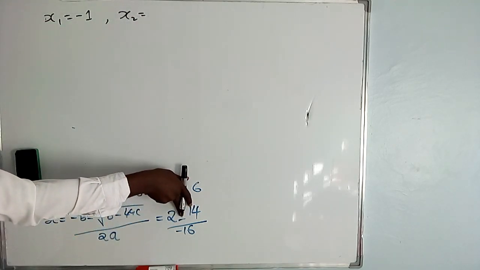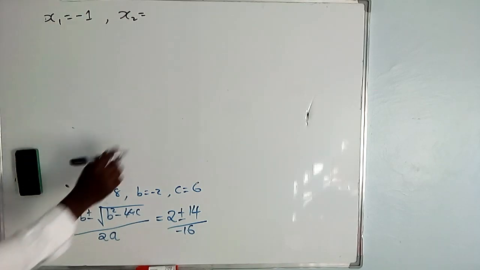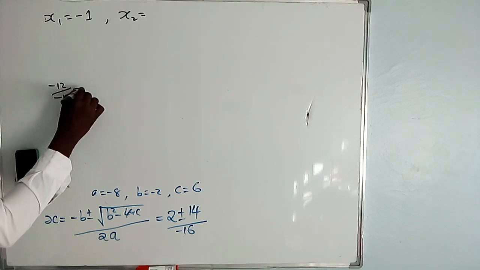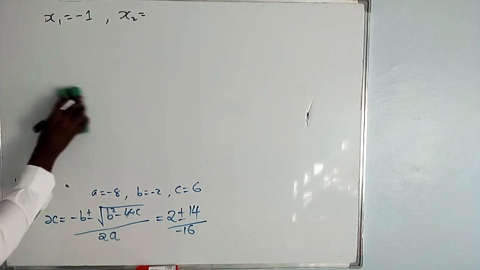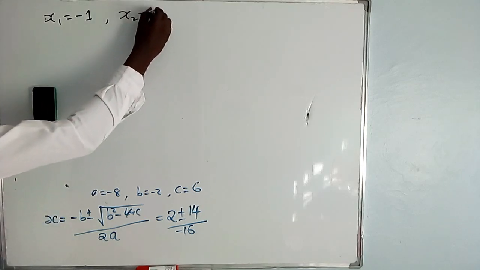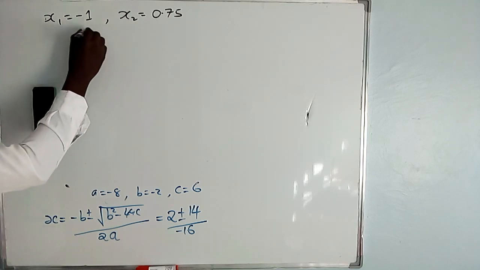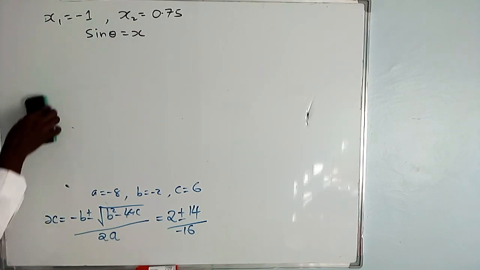So you have 2 minus 14 divided by negative 16, isn't it? So 2 minus 14 is negative 12. Negative 12 divided by negative 16 is positive 0.75. So x2 is 0.75.